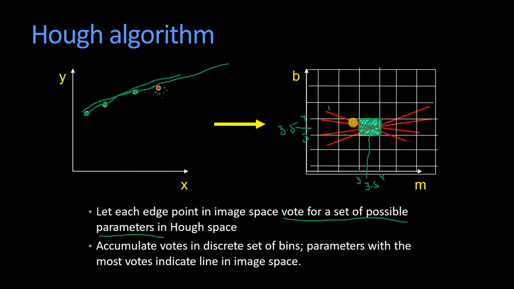Practically, each line will vote for each bin from where it is passing. Each of these boxes is called a bin. So we define a discrete or countable number of bins.